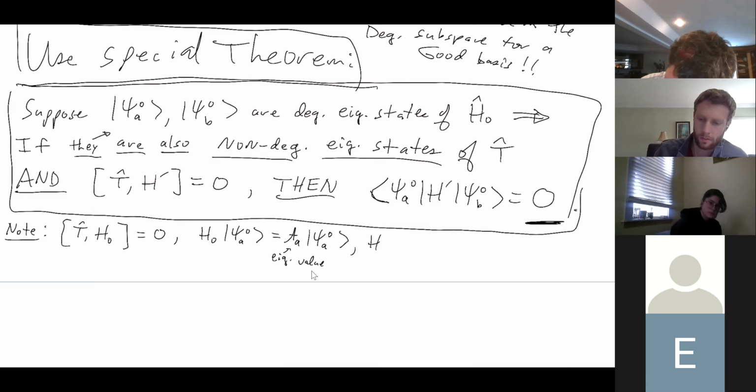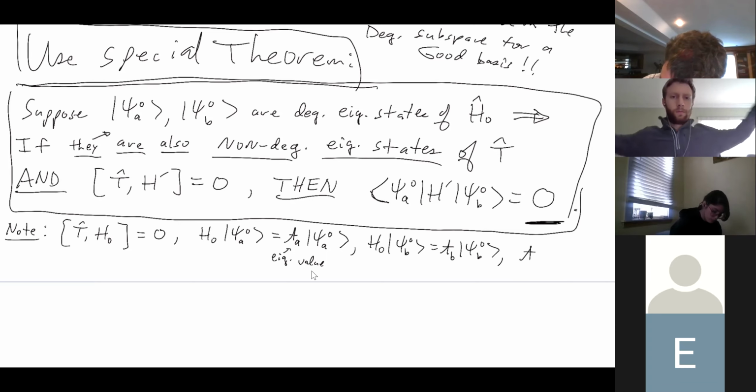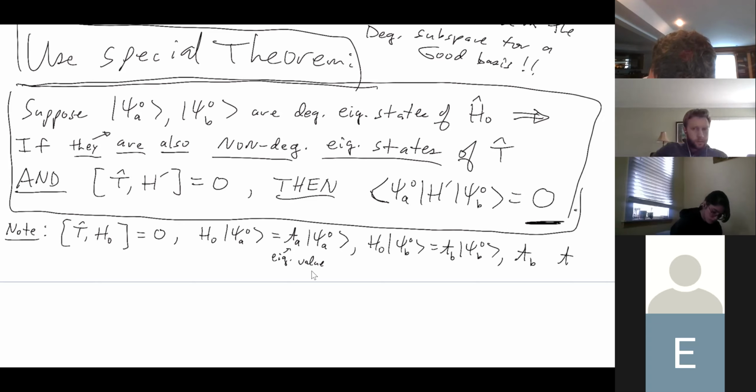But if H naught hits psi naught B, then it gives me this other eigenvalue, T sub B, psi naught B. And so for these to be non-degenerate eigenstates, what does this tell me about the relationship between TA and TB? I'm asking you. Is there any special relationship between TB and TA? Maybe I'll make that a more specific question. Can TB be equal to TA? Yes or no?